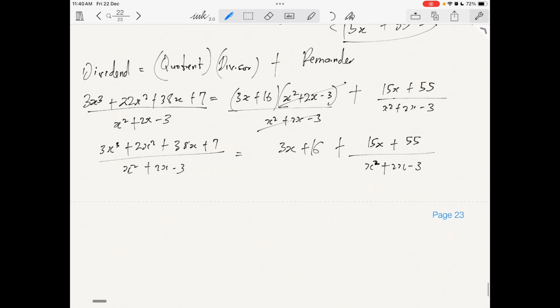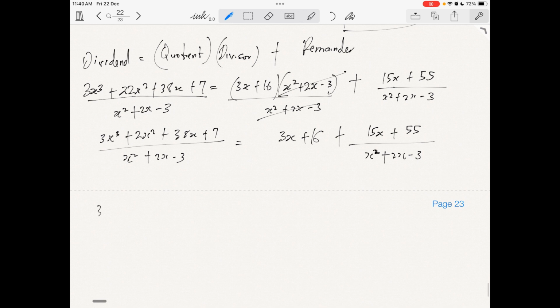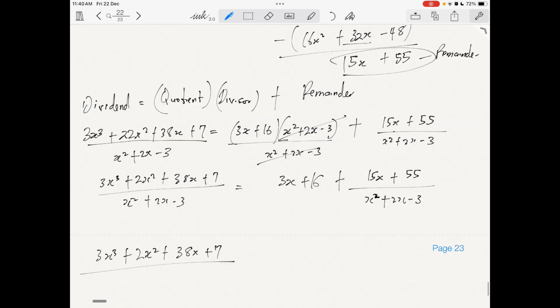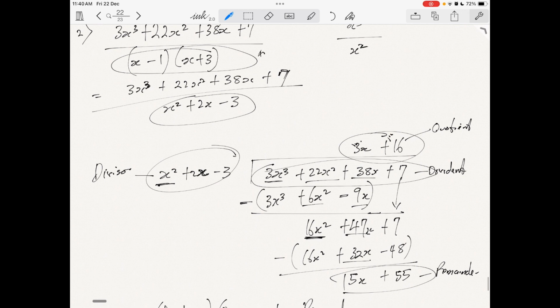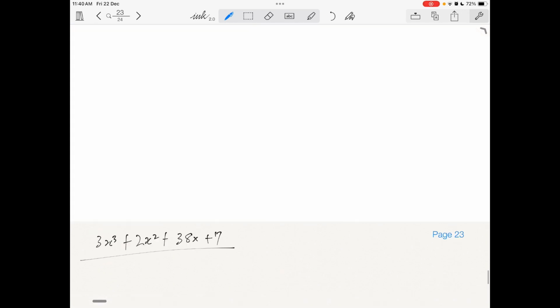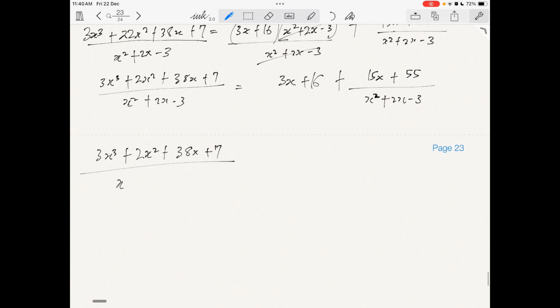So we can now write again 3x cubed plus 22x squared plus 38x plus 7, and instead of writing x squared plus 2x minus 3, we will write x minus 1 and x plus 3. So this will give us 3x plus 16 plus 15x plus 55 divided by x minus 1 and x plus 3.